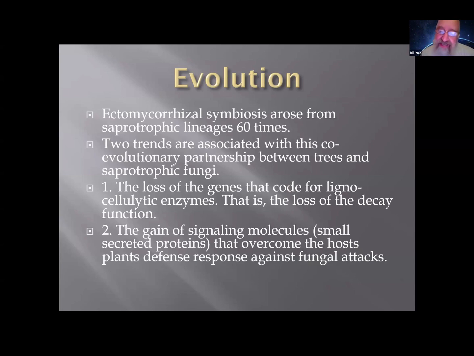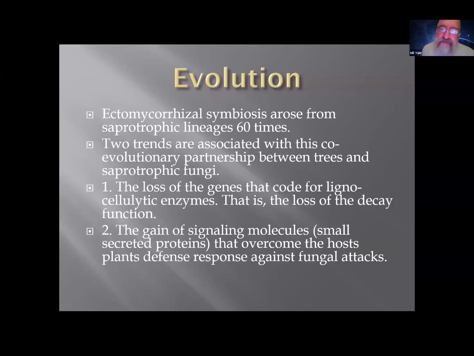The loss of the decay fungus function allows that fungus to approach a tree root, and then they gain some genes that code for small signaling molecules that enter the tree root, and they disable the tree's defense response. I want to say that again.